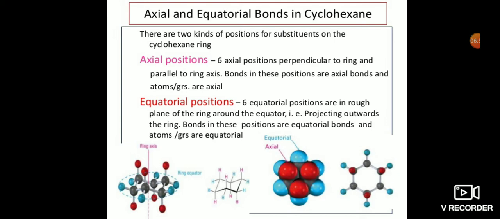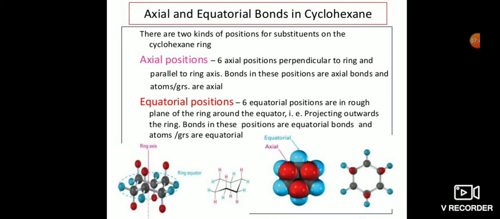So, as an example, bonds projecting outside the ring in these positions are equatorial bonds, and the atoms and groups are equatorial.